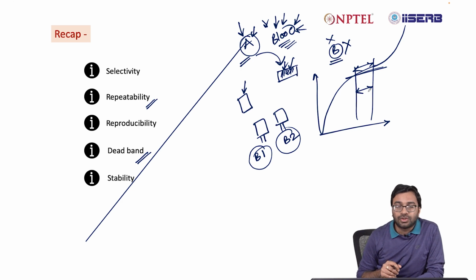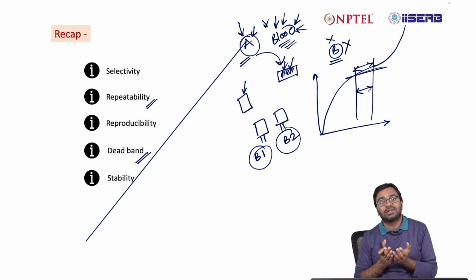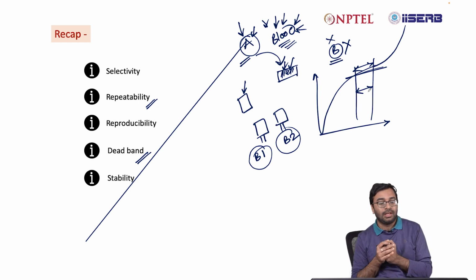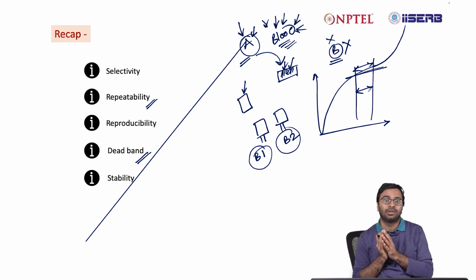Then we also have seen stability. Stability has to do with the mechanical property of the sensor, electrical property of the sensor, chemical property of the sensor. If the mechanical property is not very suitable, you will find that your sensor is not mechanically stable. If you find that the chemicals that you have used in your sensor are not stable in the ambient condition, then your sensor is not chemically stable.